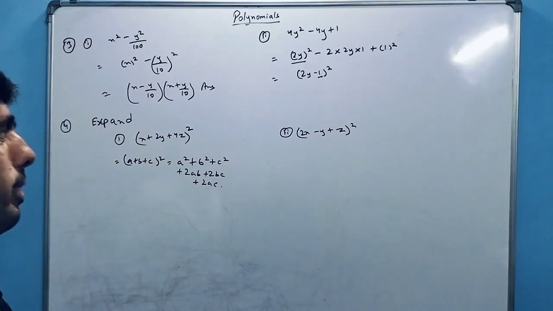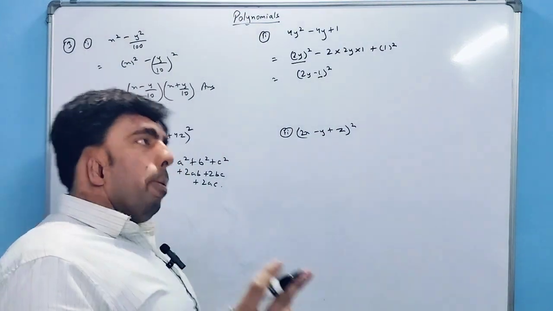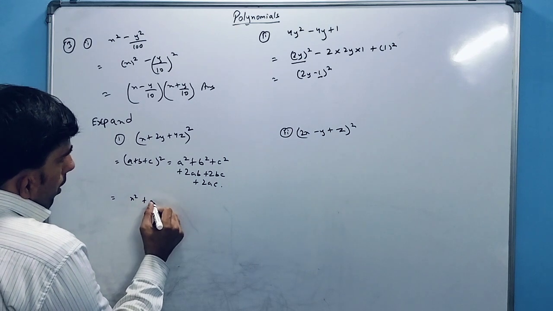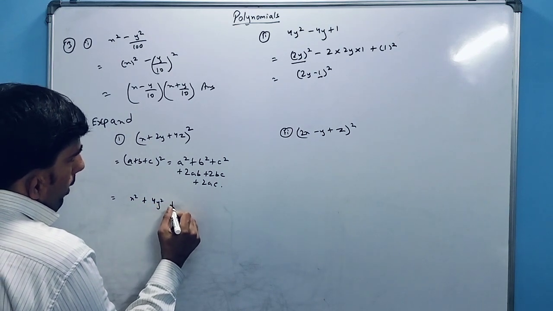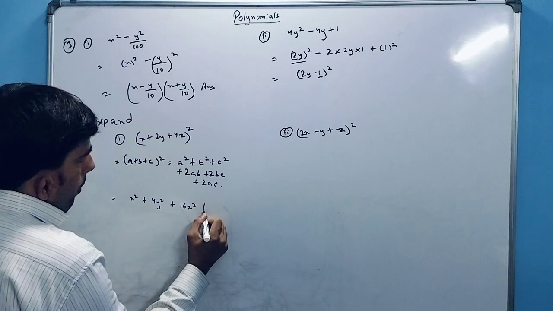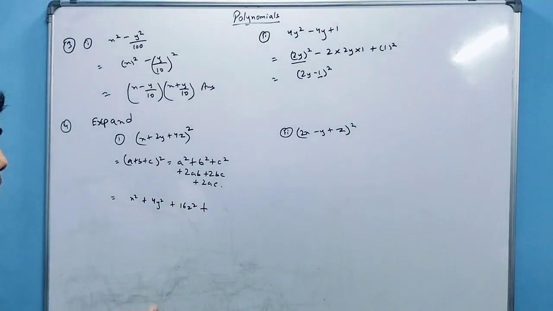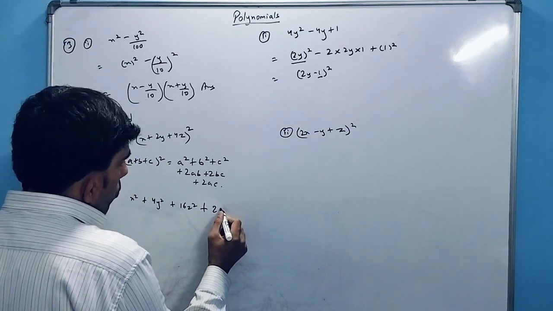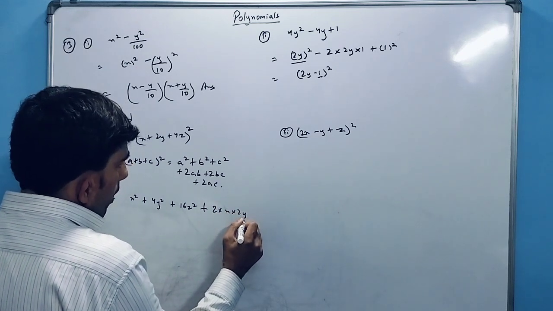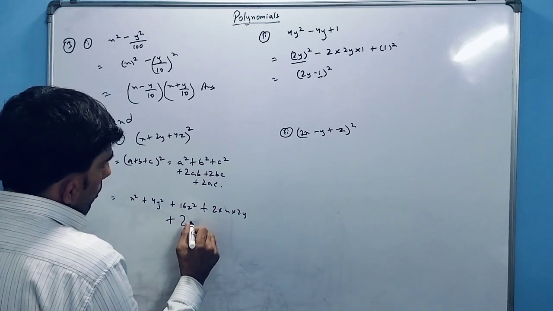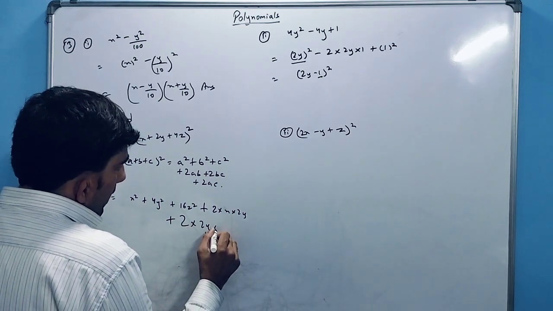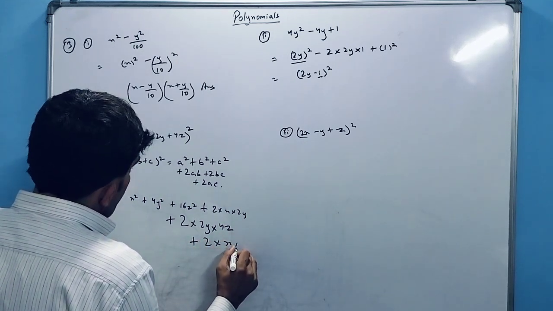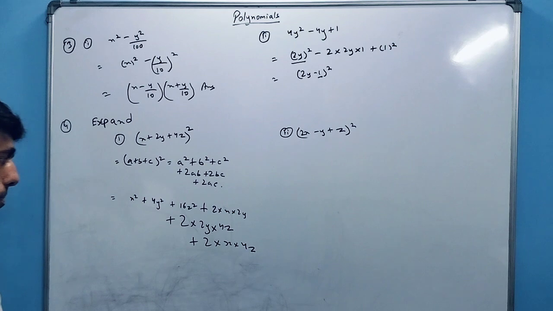Now on this identity I will try to solve two numericals. The first one we are solving: x square plus 4y square plus 16z square, next plus 2 into x into 2y, plus 2 into y into 4z, plus 2 into x into 4z.